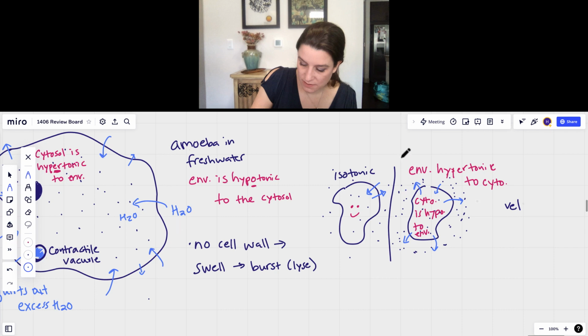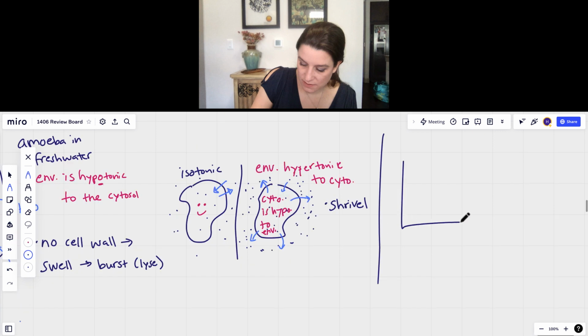What about a plant cell, a cell with a cell wall? The most important part of the plant cell for water balance is the central vacuole, which can take up a large portion of the cell. It's really plumped and swollen, because most of the water's going in, since the environment is hypotonic to the cell.